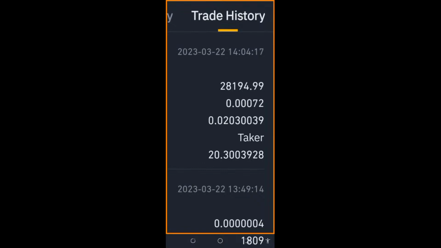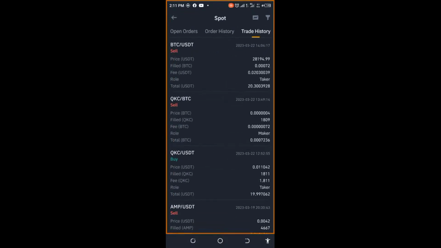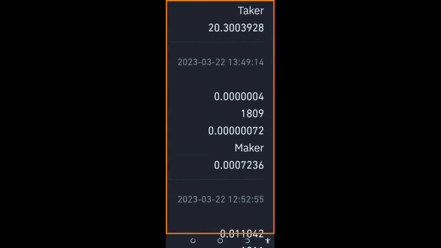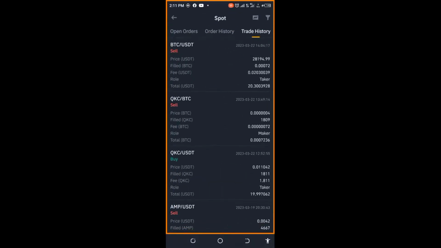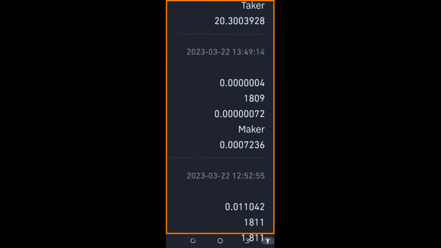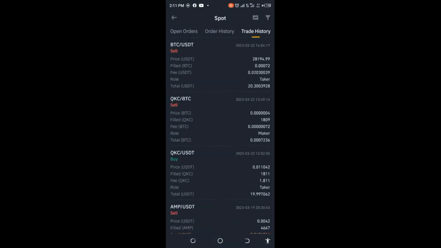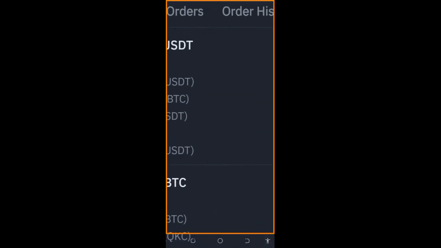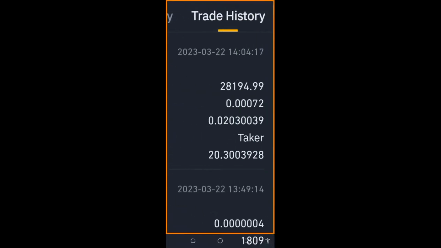We had 20.30 here, but don't forget that in the process we actually paid fees for QKC BTC. Did we? Yes, we did pay a fee. That's the amount of fees, as you can see there, 0.000072. But we didn't pay any fee? Did we pay any fee? Oh, yes, we did. We paid a USDT fee here, that's about 2 cents.